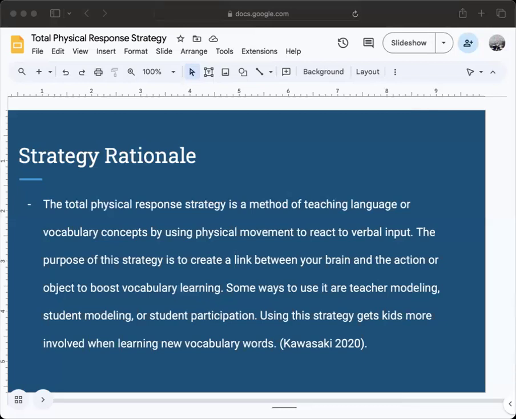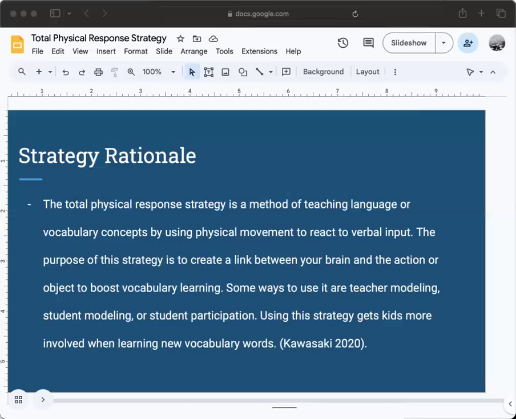Teacher modeling is when the teacher says a new vocabulary word for the students and uses gestures or props to illustrate the meaning of the word. Student modeling is when you have student volunteers mimic the same gestures as the teacher, using their facial expressions and the props you modeled as you say the word for them.